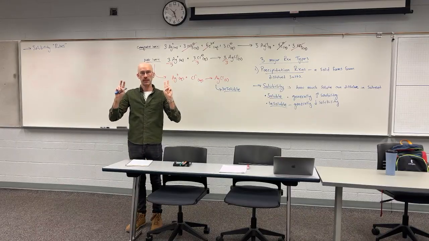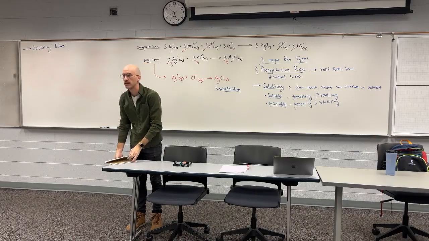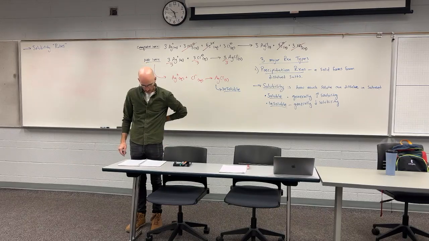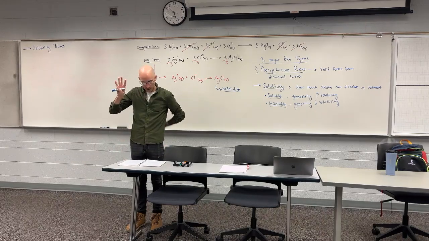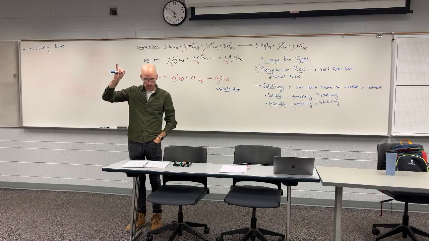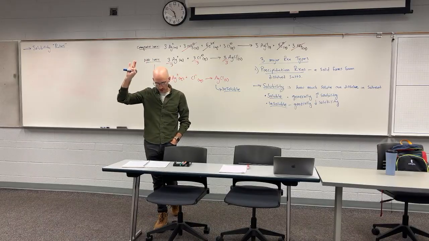Rules, yeah, because there is almost always an exception here. We're going to look at 4 primary rules. Things that are always soluble, things that are generally soluble, things that are generally insoluble, and then things that are basically always insoluble.